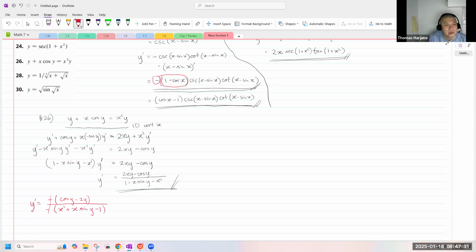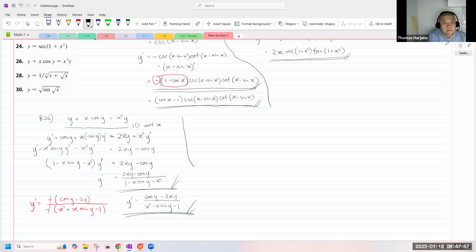You see, they cancel out. So we may then just rewrite this as y prime equals, on the top, cosine y minus 2xy, and then at the bottom, x squared minus x sine y minus 1. May go either way.